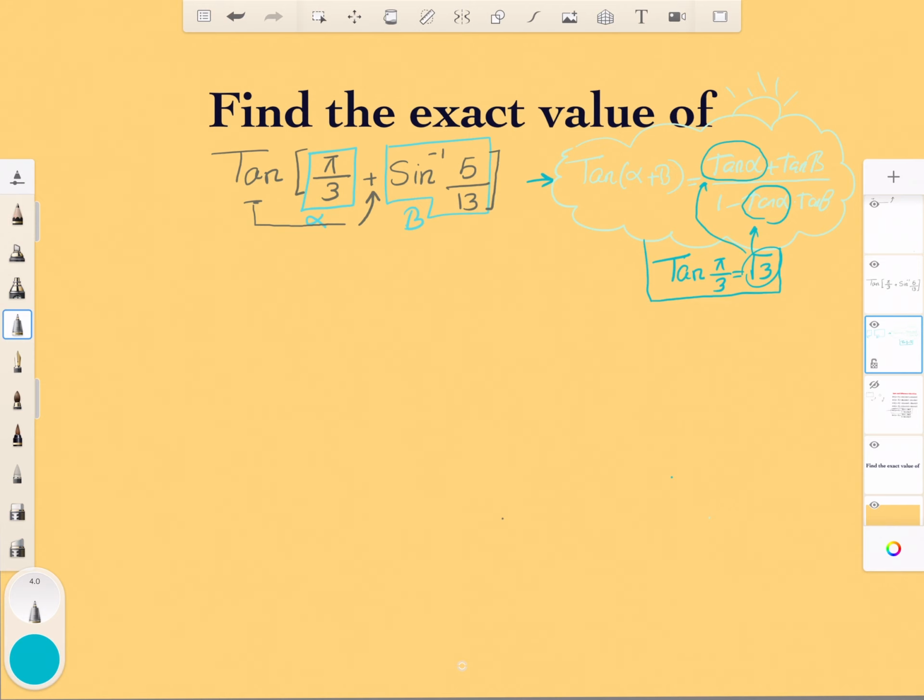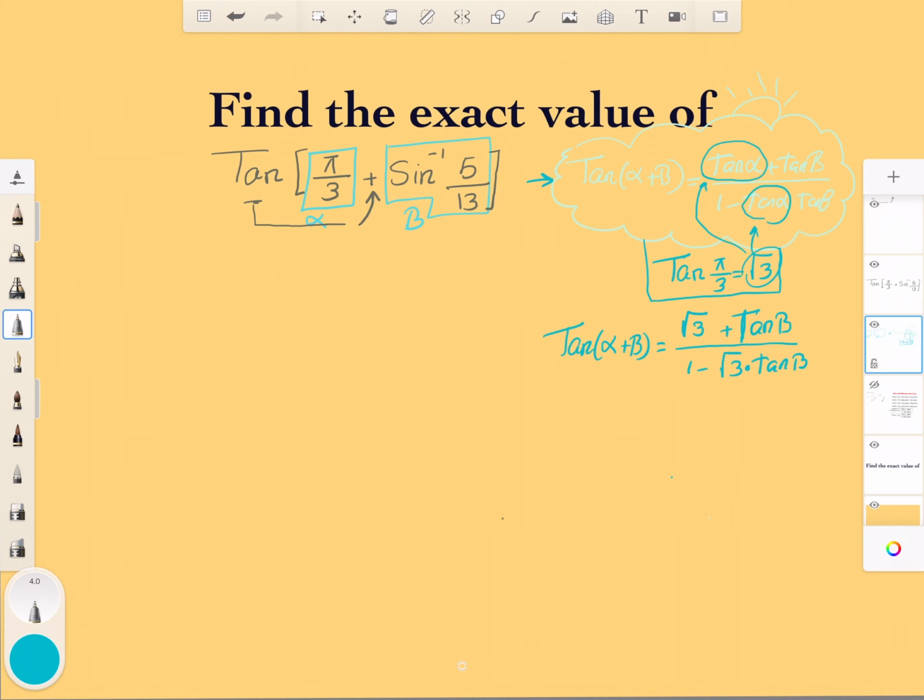So we're going to have tangent of alpha plus beta equal to radical 3 plus tangent of beta divided by 1 minus root 3 tangent of beta.